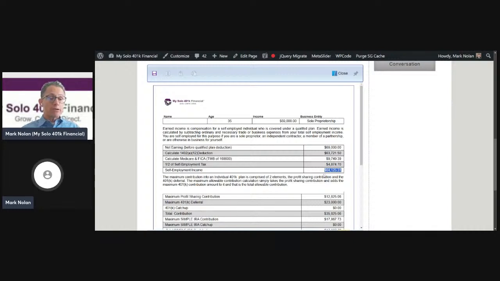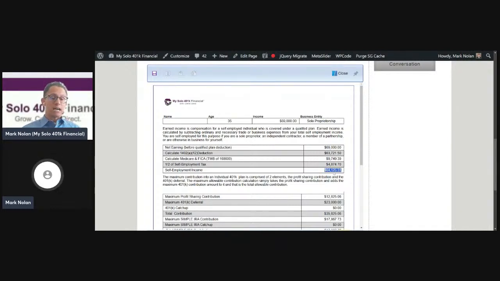If you're a sole proprietor, you're going to have until April 15 of this year to open the solo 401k for tax year 2024 and make that mega backdoor Roth solo 401k voluntary contribution. Or if you file for a timely extension, so Form 1040, you're going to have until October 15 of 2025 to both open the solo 401k for 2024 and make the voluntary after-tax solo 401k contribution for tax year 2024.